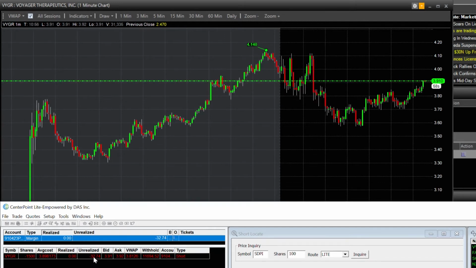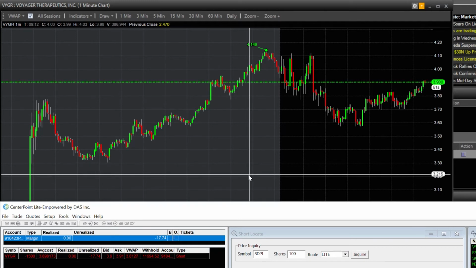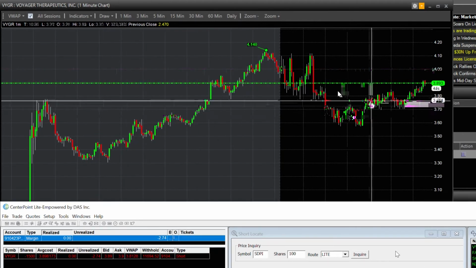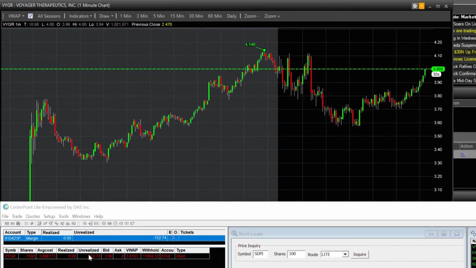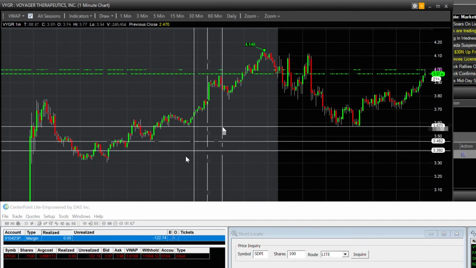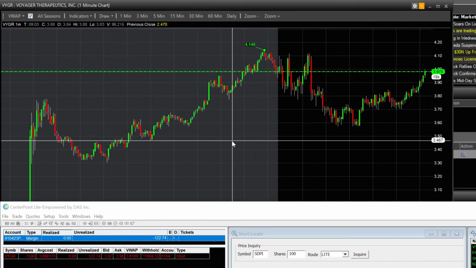And I'm in negative. And just keep spiking. Negative 152. I'm still looking for this strong pullback.